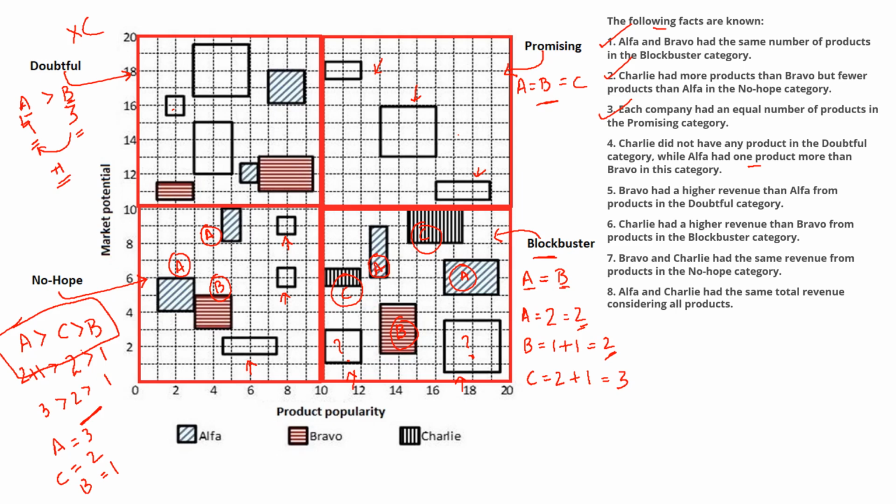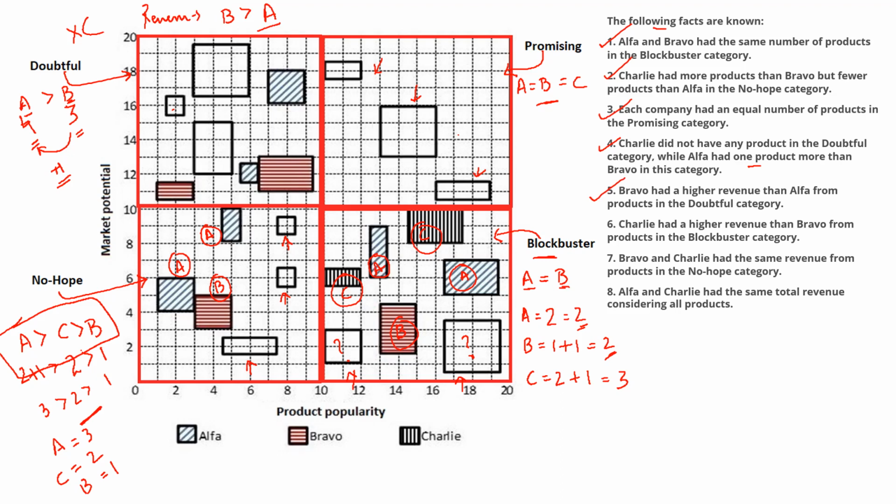Okay. Now coming to the fifth, Bravo had a higher revenue than Alpha from products in the doubtful category. So again in this doubtful category, Bravo had a higher revenue than Alpha. So in terms of revenue, Bravo has greater revenue than Alpha in the doubtful category.